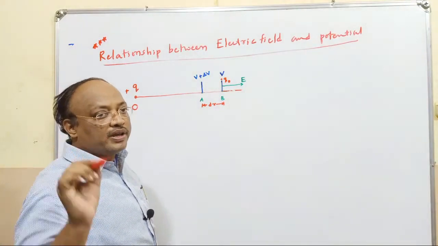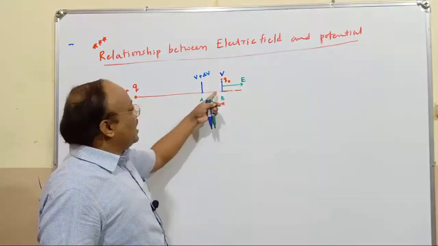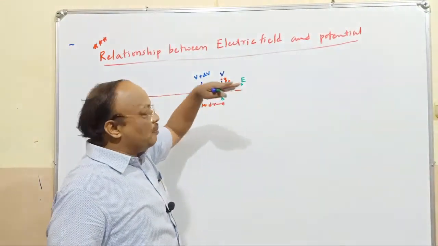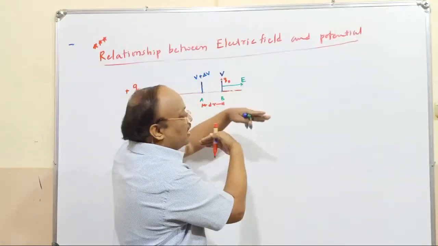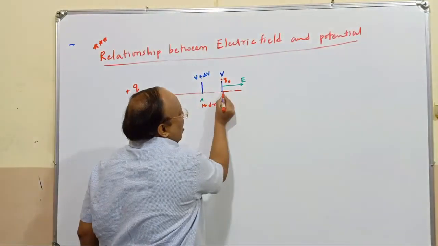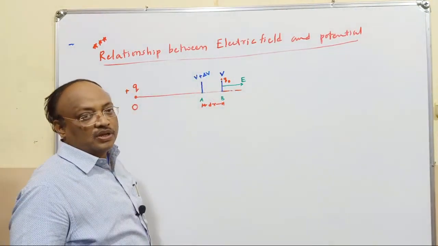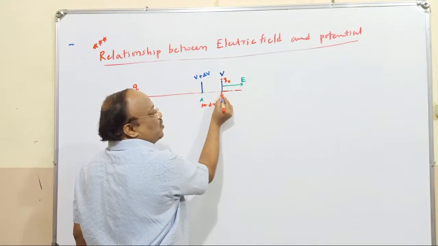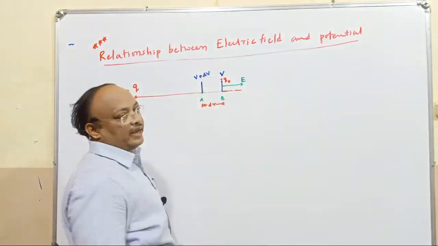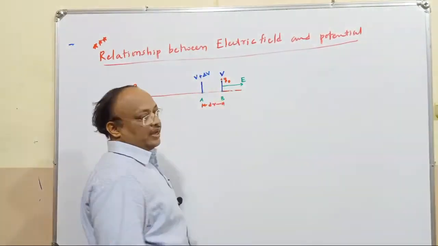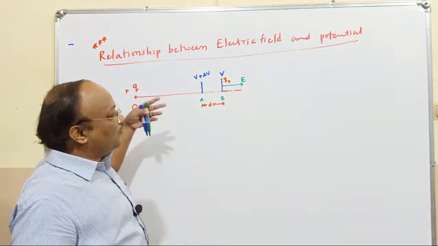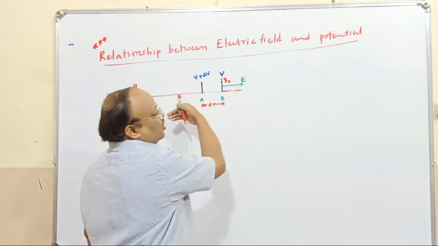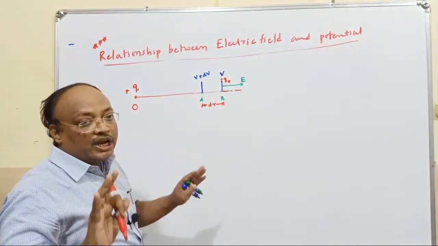What is very important here is that the electrostatic force of repulsion must be equal to the external force you are applying on the charge. Then only, without any acceleration, this charge will move from B to A. So the force due to the electric field and the external force are equal.